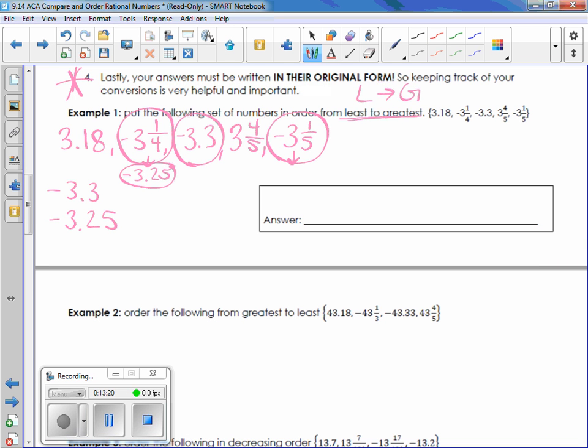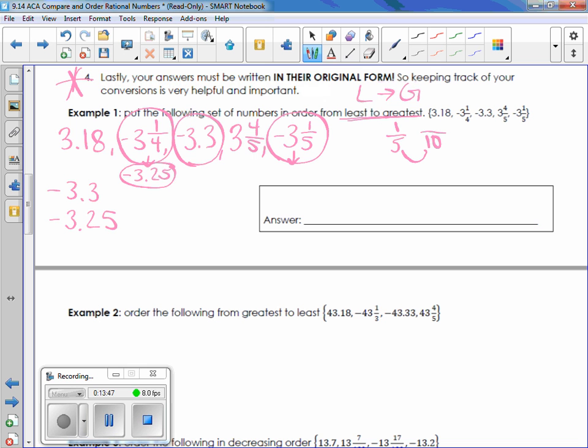How can I get 1/5 to a decimal? By dividing. Could I also use my knowledge of place value? Well, can 5 go into 10?